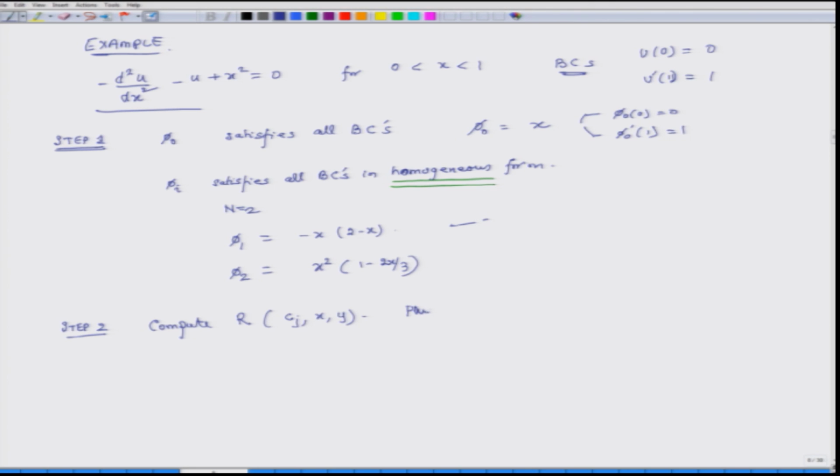So for this we plug in phi naught and one second. Here my u n is the 2-term solution u 2, equal to C 1 phi 1 plus C 2 phi 2.